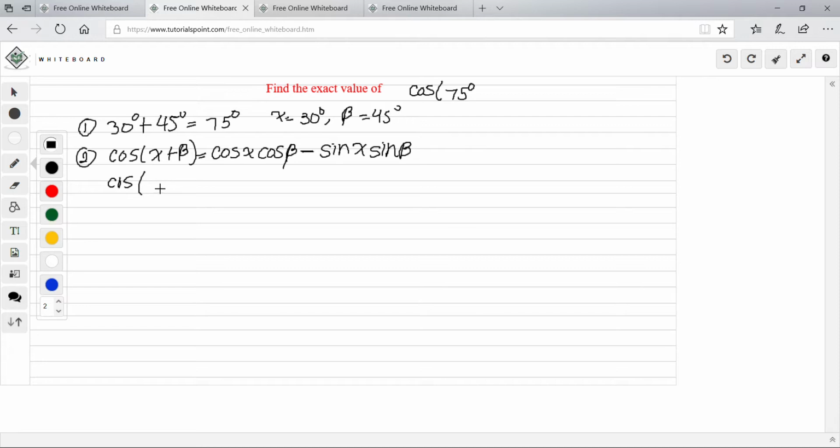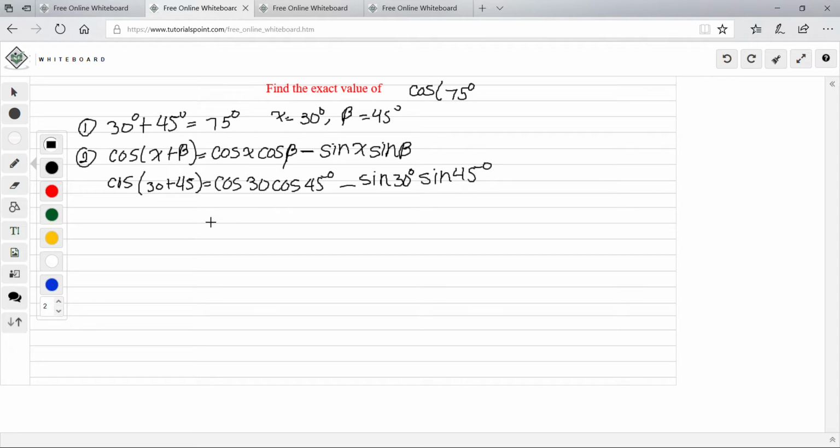So cosine of 30 plus 45 equals cosine of alpha, which is 30, times cosine of beta, which is 45, minus sine of alpha, sine of 30, times sine of beta, which is 45.